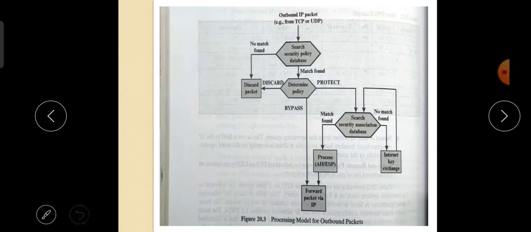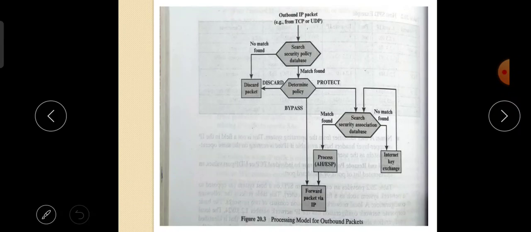Then the third step: if a match is found, further processing is determined by the first matching entry in the SPD. That is, if a match is found, then determine the policy. If the policy for this packet is discard, then the packet is discarded.